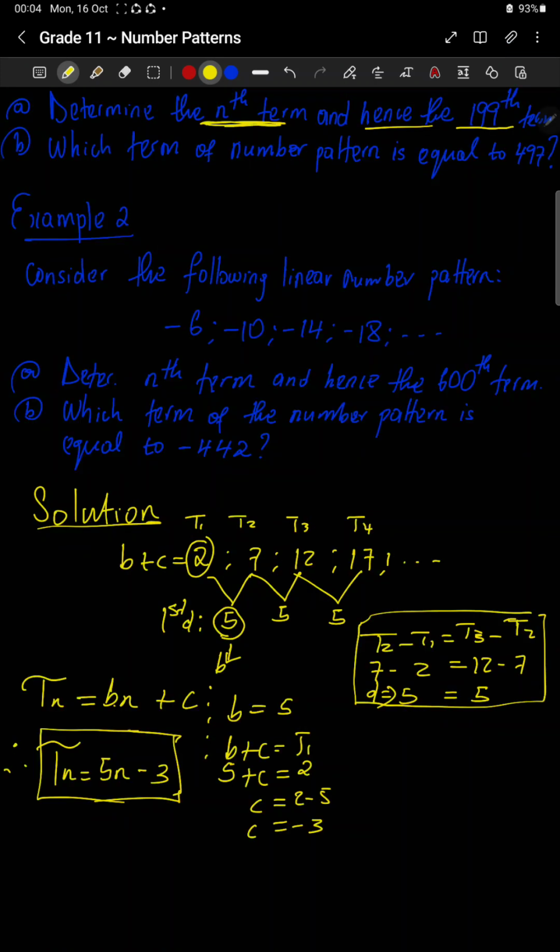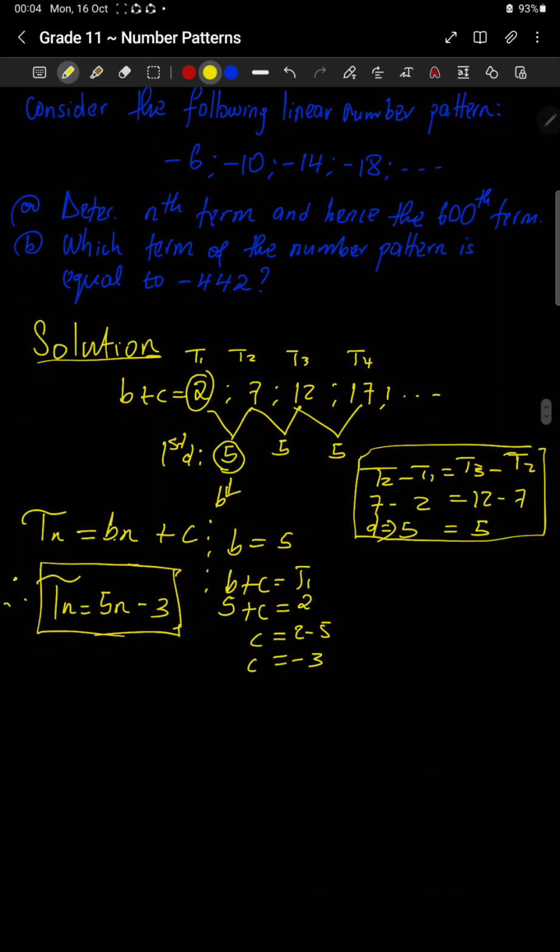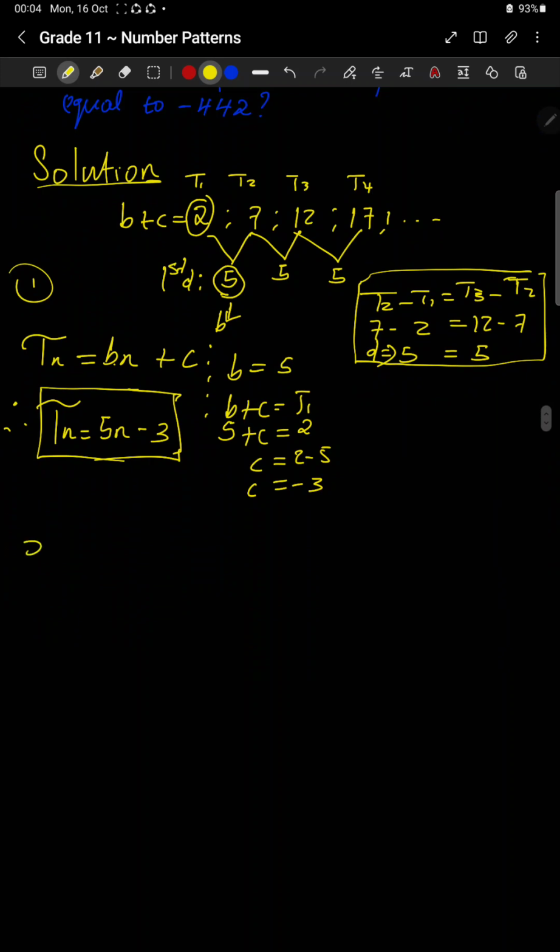So let's say this one over here is option 1, and then option number 2. Let's check how we get this formula by using the second option.